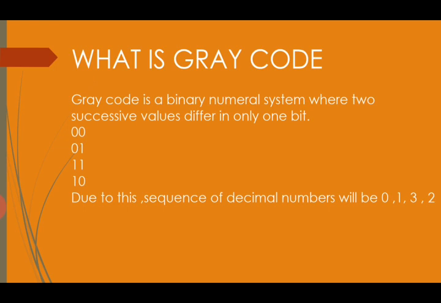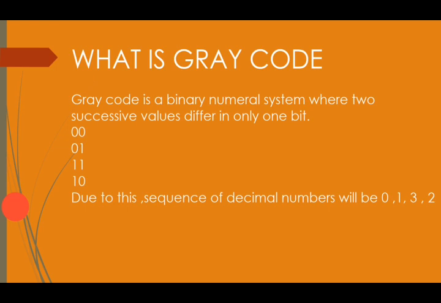Here we observe that the first bit has maintained state 1, but the last bit has now changed from 1 to 0. So this sequence is called gray code, where one bit is changing at a time, in two successive terms I'm talking about.